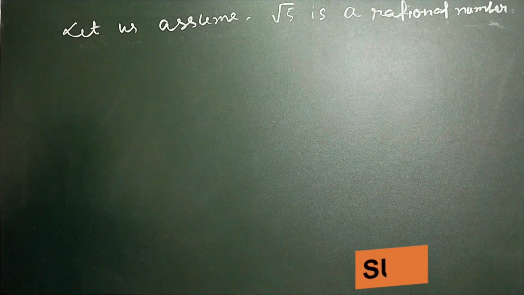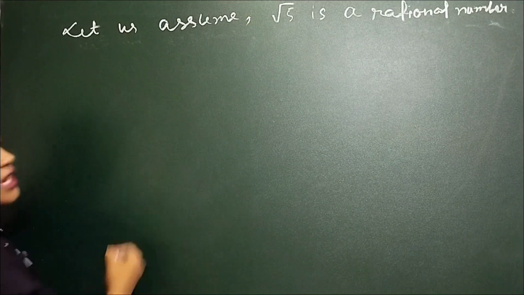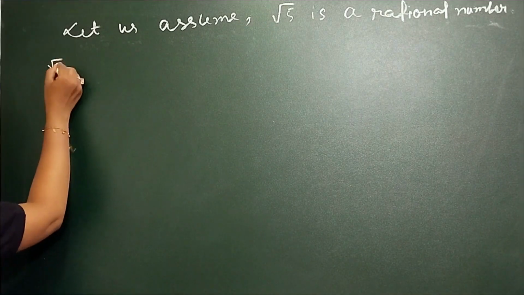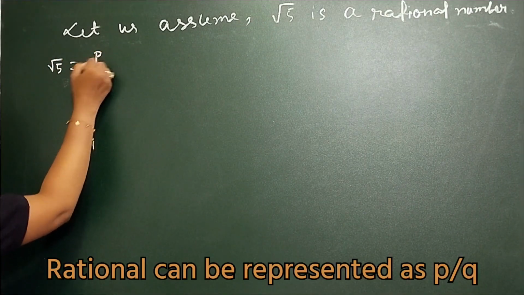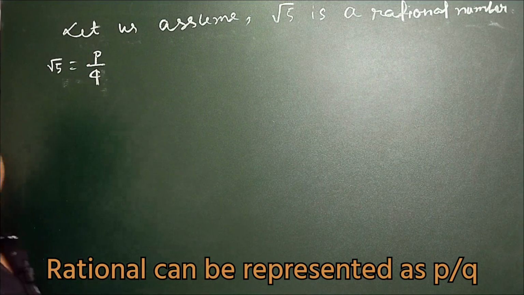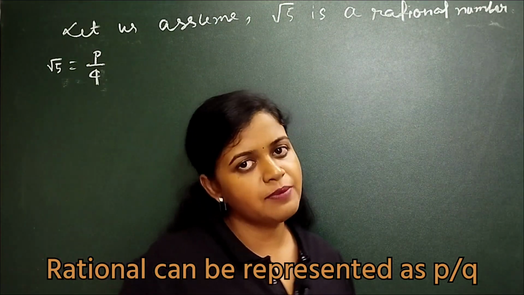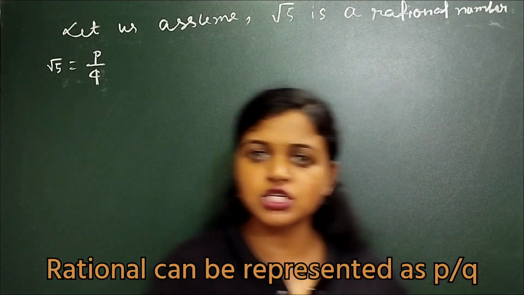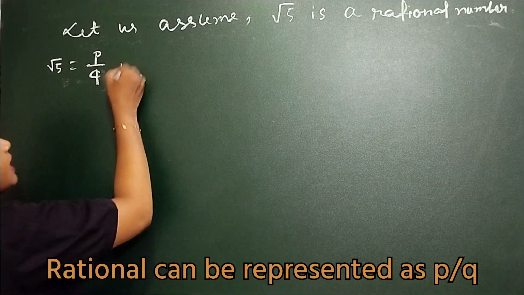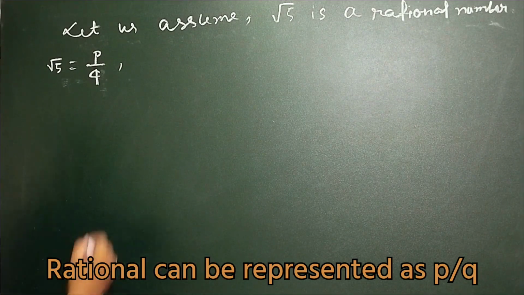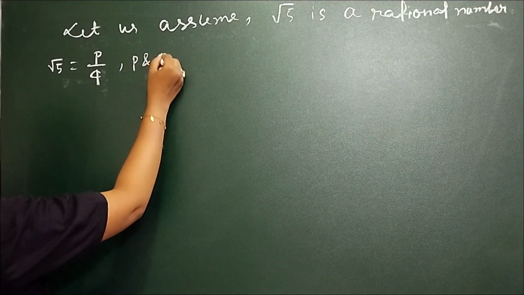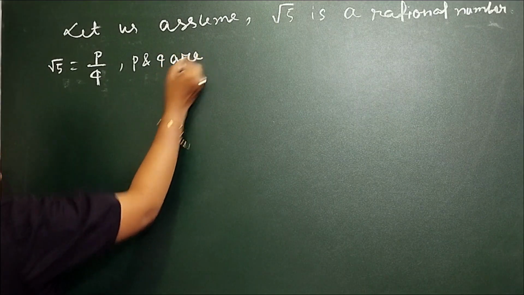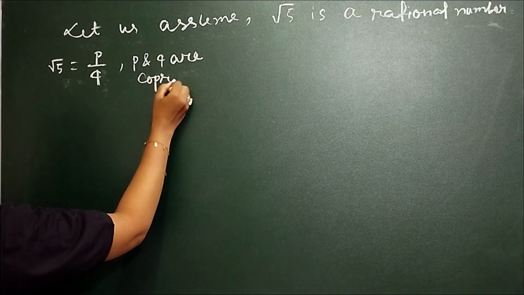If we assume root 5 is a rational number, we can write root 5 equals p by q, because a rational number can be represented in p by q form where q is not equal to 0. Let us apply a condition here: p and q are co-prime numbers.